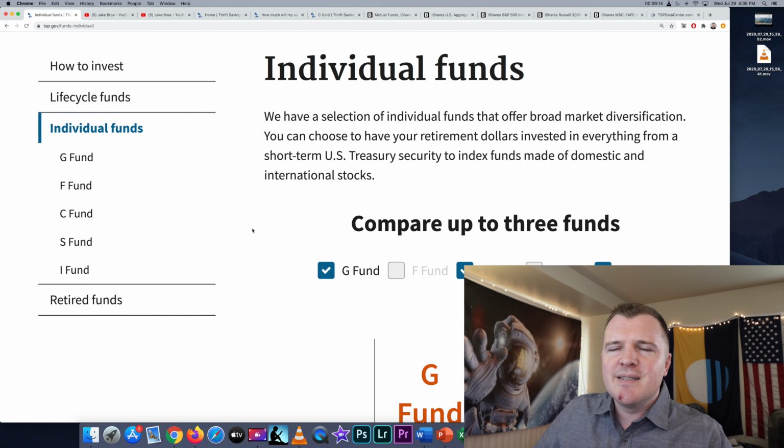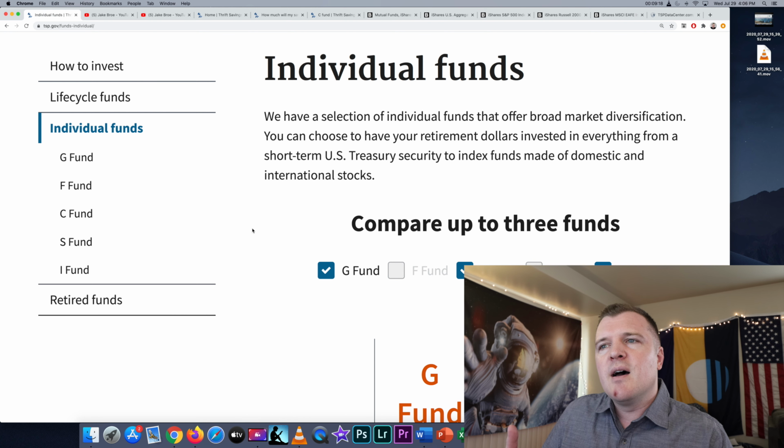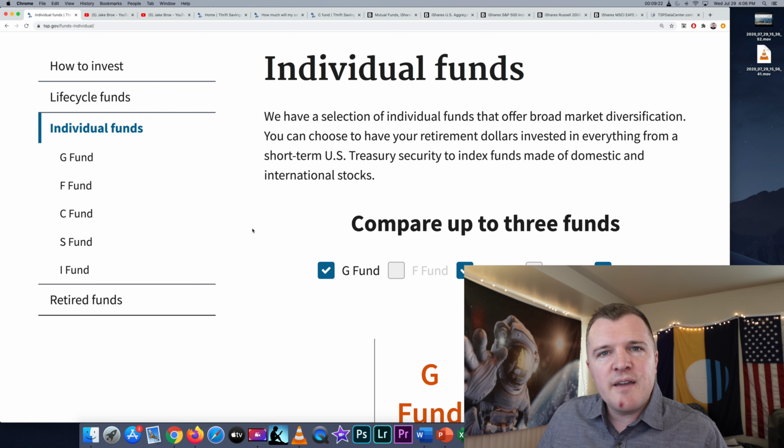And then the S is the other 2,000 or so small cap funds that are publicly traded. The I fund then stands for the International Fund, and this is an index fund that tracks the performance of well-known international companies that you would know: Samsung Electronics, Toyota Motor Corp, Nestle, Royal Dutch Shell. They're just not American companies.